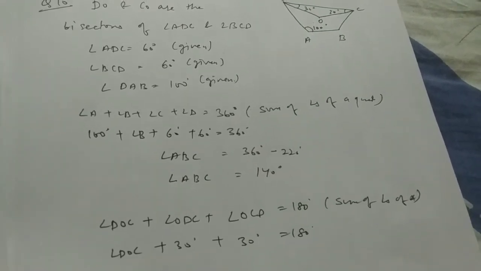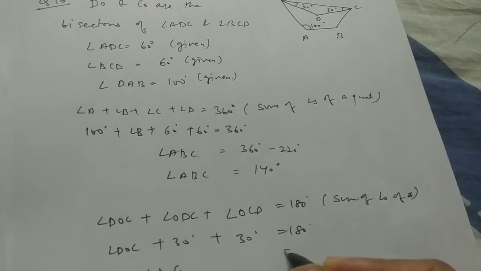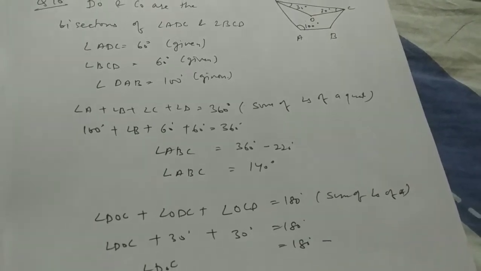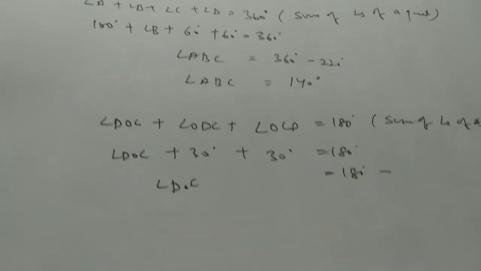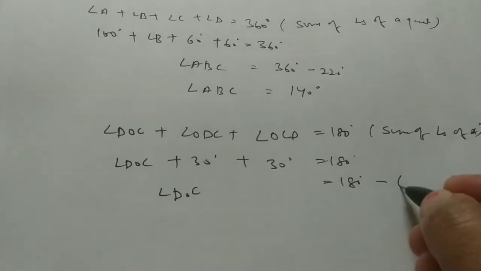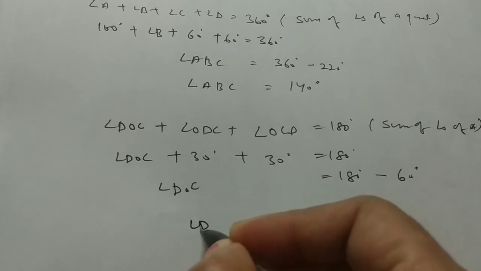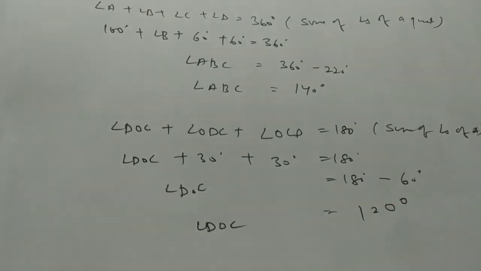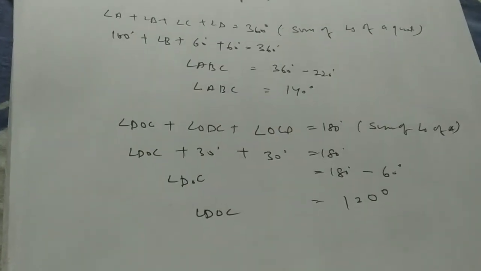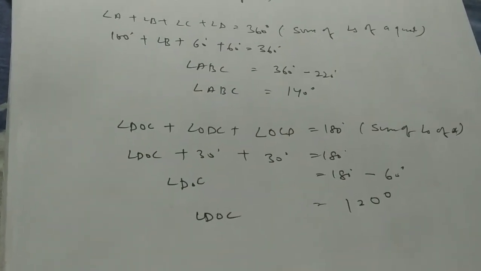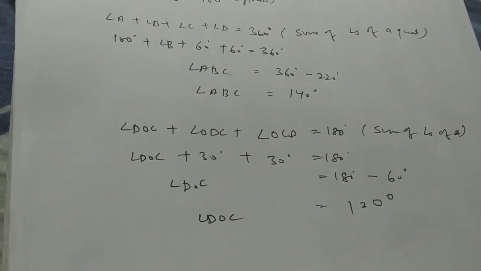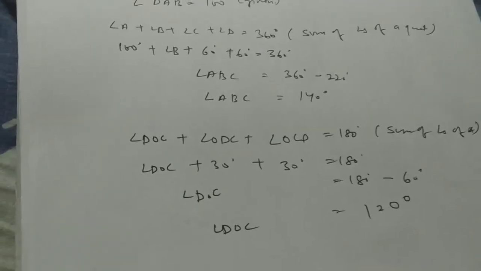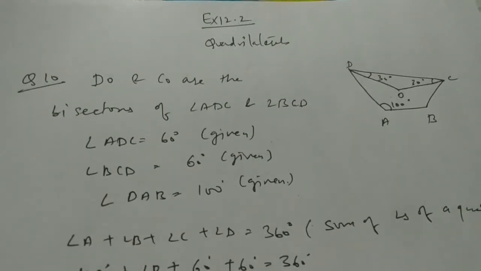So angle DOC would be equal to 180 degrees minus 60 degrees. So angle DOC would be equal to 120 degrees. So we have found out angle DOC and angle ABC, which were asked. Have a full glance of question number 10.